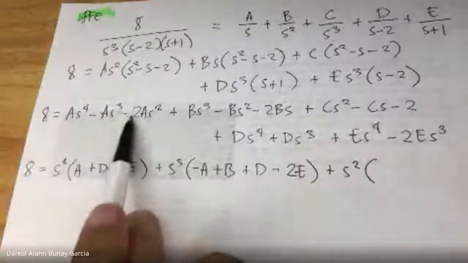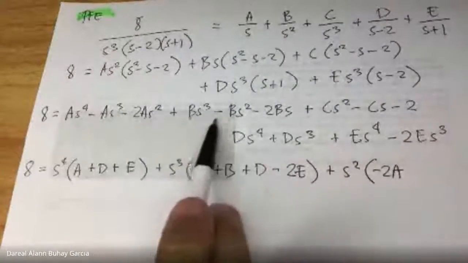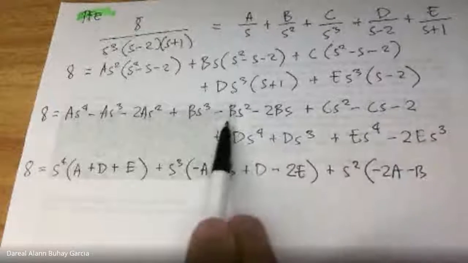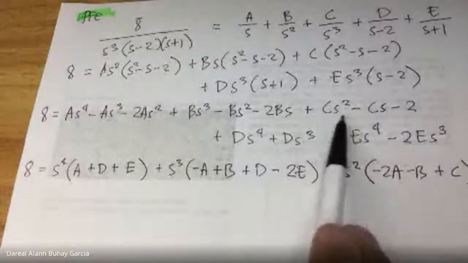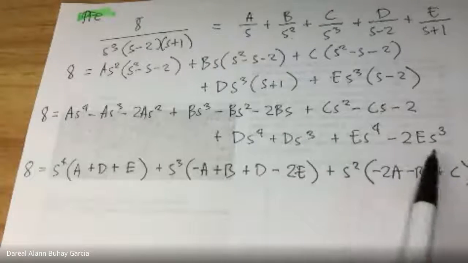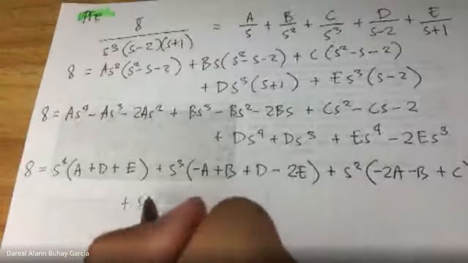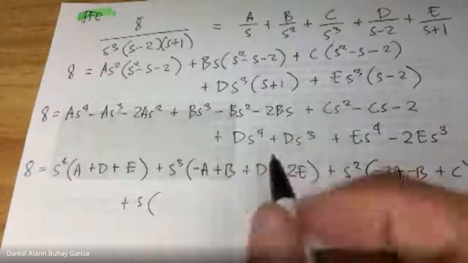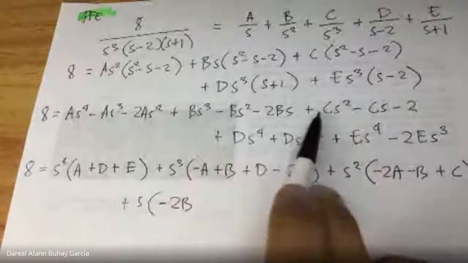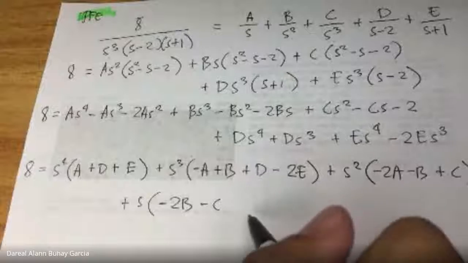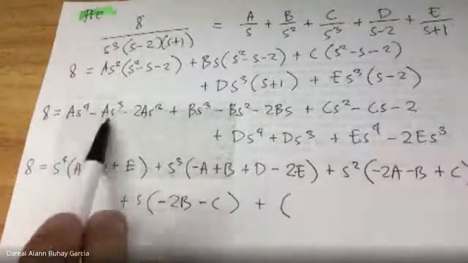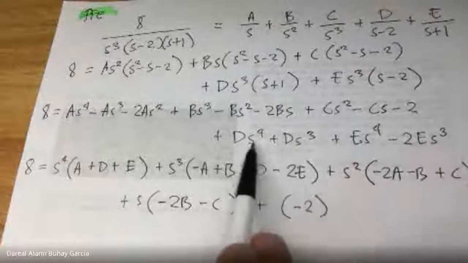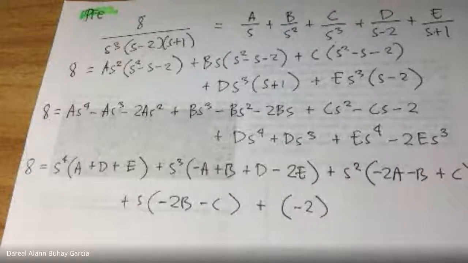S squared: negative 2A minus B plus C. Susunod, S: negative 2B minus C. Plus S to the power of 0, or constants: negative 2C.